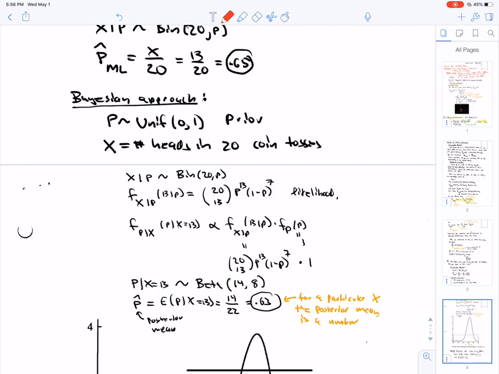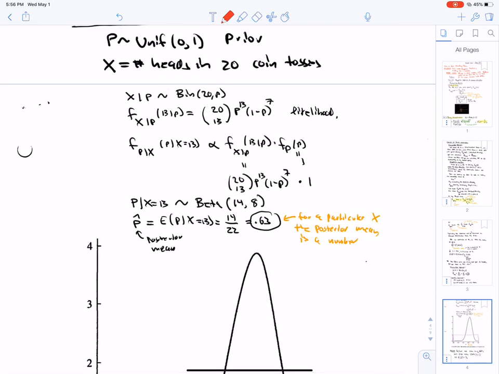It's going to be uniform 0, 1. X is the number of heads in 20 coin tosses, so my likelihood is binomial 20, p, which has the following likelihood density, or probability mass function. And so my posterior is proportional to the likelihood times prior.